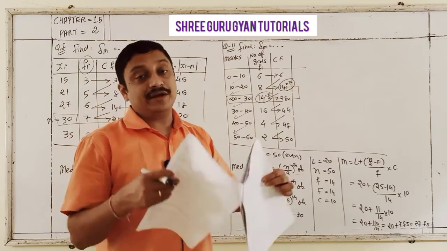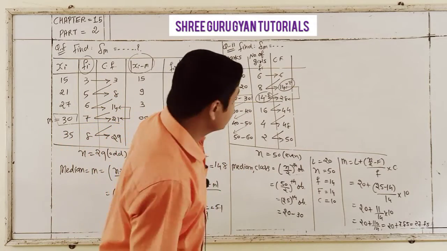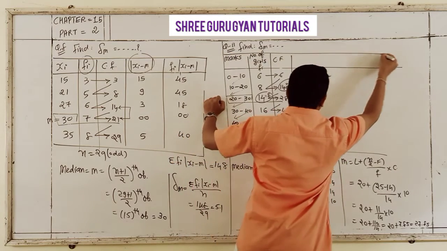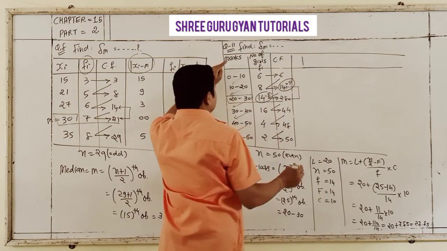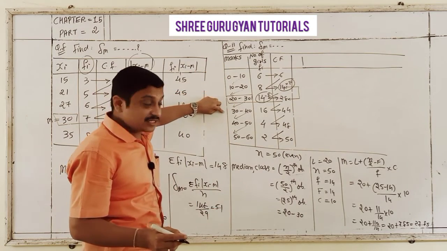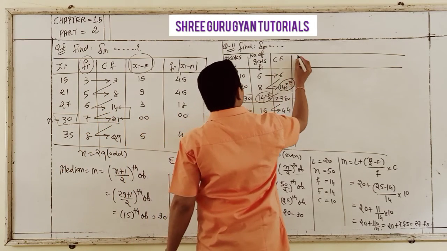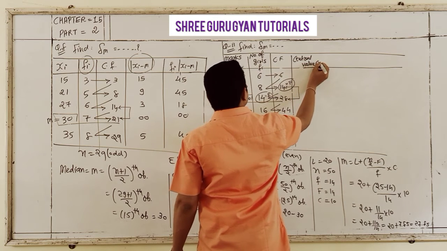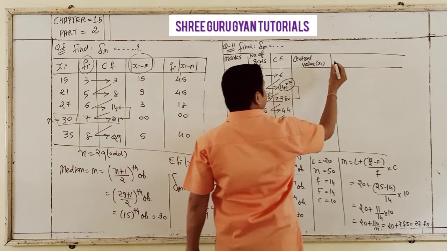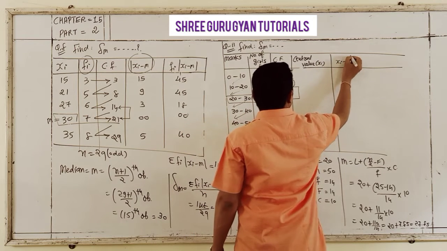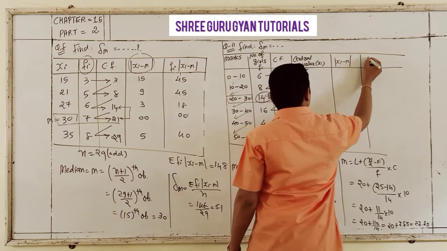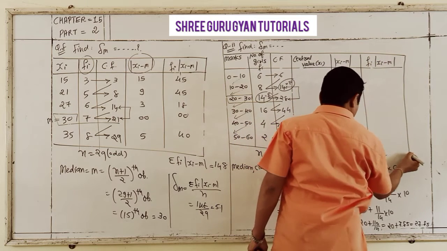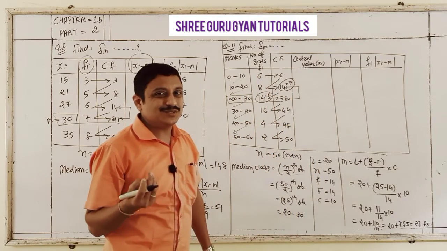Now I am going ahead to my further table to find the average deviation about my median. So here, first of all, check that the interval is given. So I decided here central value, either mid value xi, then after xi minus m, and then after fi with xi minus m, and that's the easy answer.